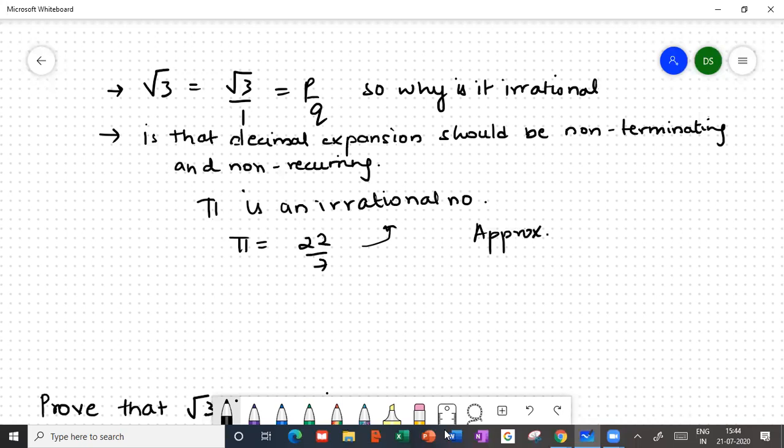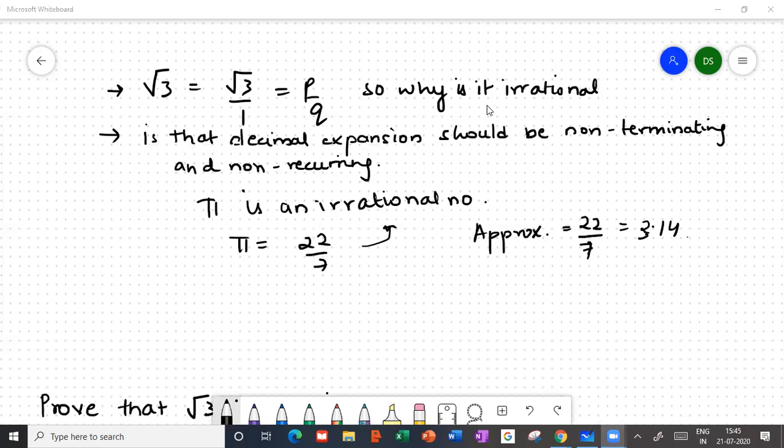When you divide, it's not pi; they have different values. The decimal expansion of pi is 3.14, followed by a series of digits which are non-terminating and non-recurring. Just to make calculation simpler, we take it as 22 by 7 or directly 3.14, but actually it is an irrational number.